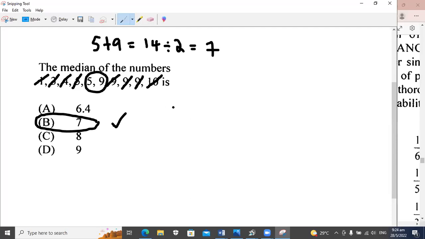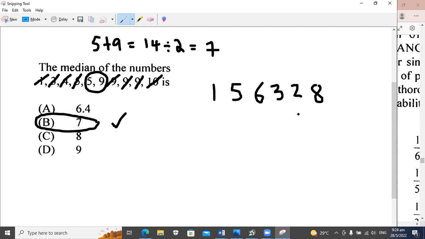What you have to be careful of is that sometimes they don't give the numbers in order. They mix up the numbers, but what you have to do is put them in ascending or descending order. For example, I'm just making up some numbers here: 1, 5, 3, 2, 8.